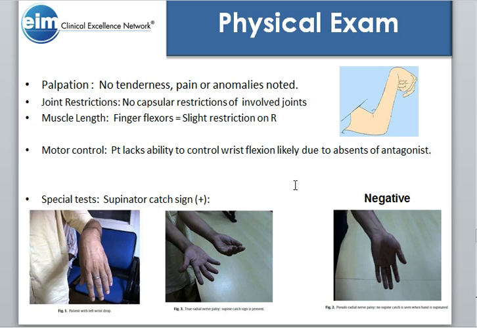This supinator catch sign is more of a clinical test for neurologists, used to check for pseudo-neurological signs.